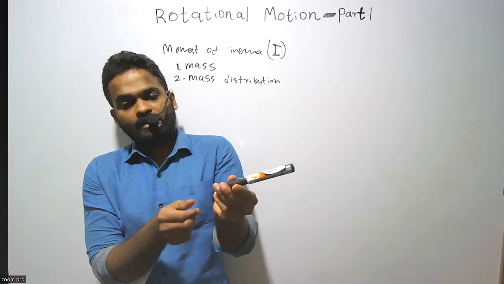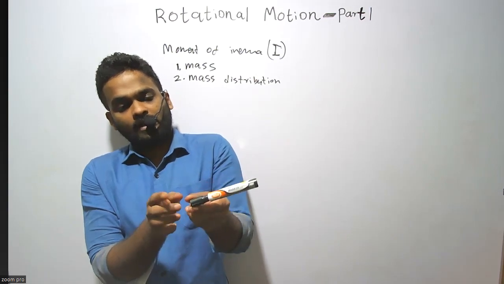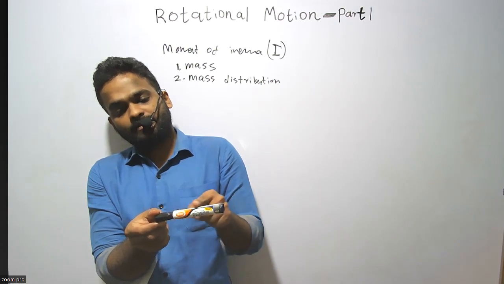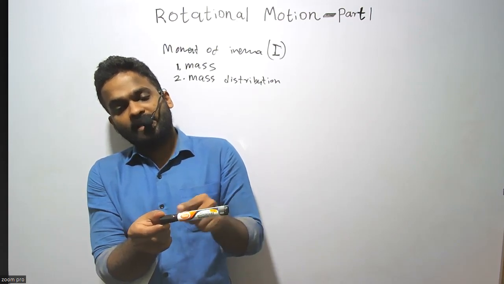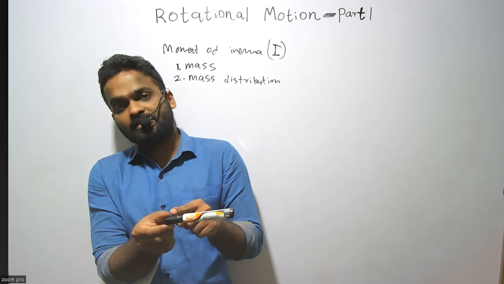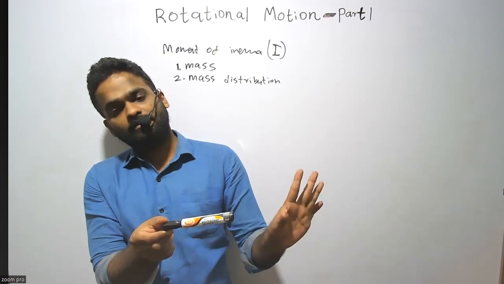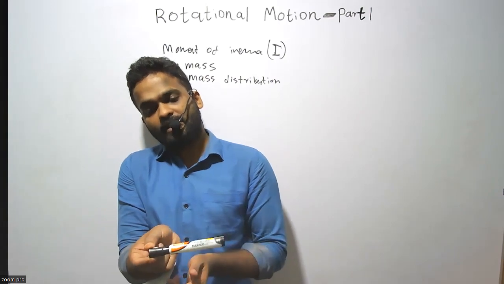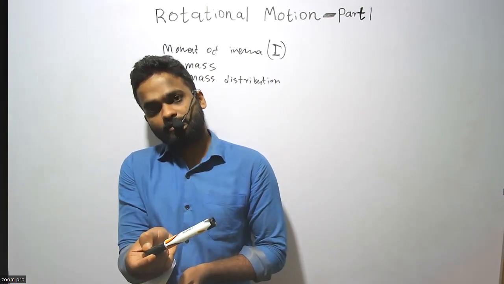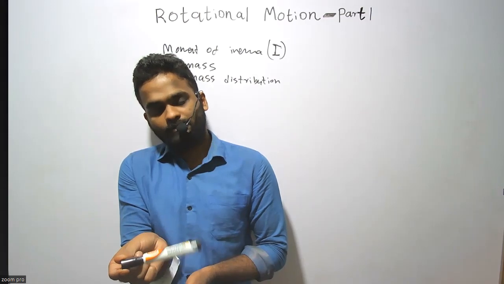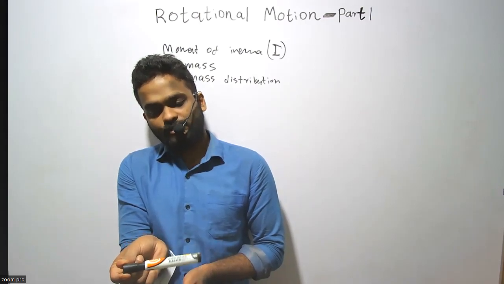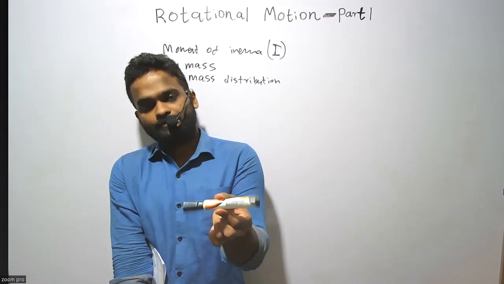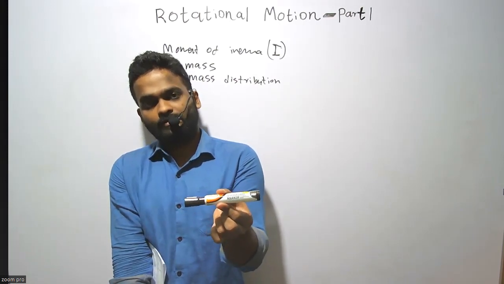But when you hold it like this, now the distance to particles on the pen is higher. That average distance is higher. Got it? So it is difficult, meaning inertia is higher for that rotational motion when you're holding it from an edge. But from the middle, it is easy to rotate because the moment of inertia is lower now.